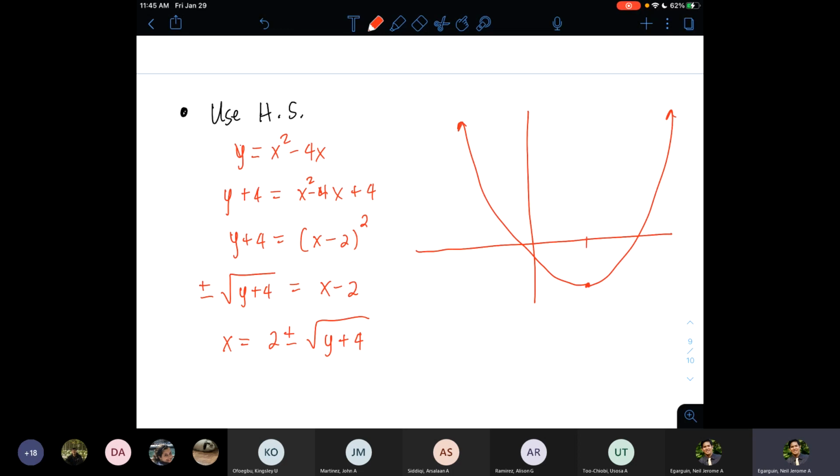So what happens here is that we see the function has two options, 2 plus root of y plus 4 or 2 minus root of y plus 4. That tells us that at the vertex, where was the vertex again? The vertex is at x equals 2. The right portion corresponds to 2 plus root of y plus 4.